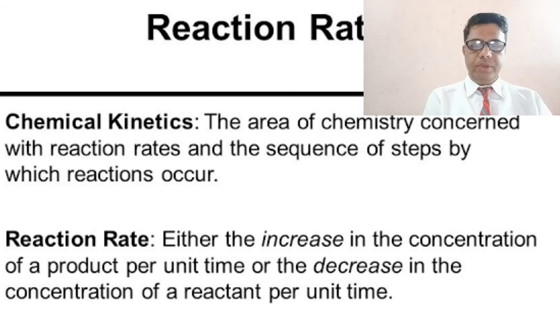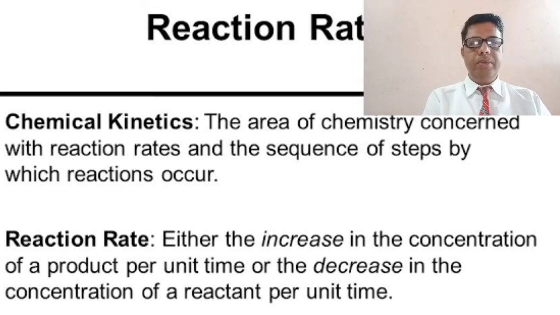reactant. So what is the rate of reaction? Simply, rate of reaction is how much amount of reactant is consumed during a chemical reaction and how much amount of products is formed per unit time.